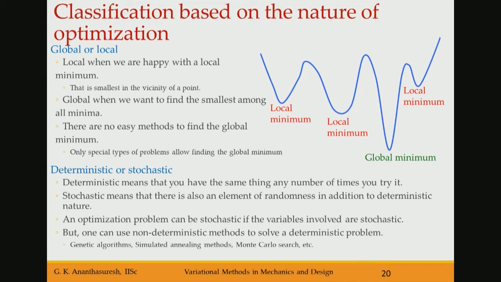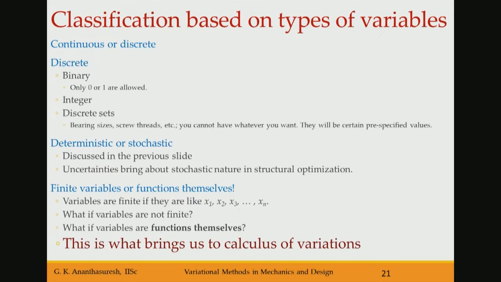Most of the engineering problems will have deterministic optimization. But if you look at it practically, any dimension that you take, any material property you take, is not going to be precisely some value. There is a little bit of uncertainty, then you can do stochastic variable optimization. So, that is another classification, deterministic or stochastic.